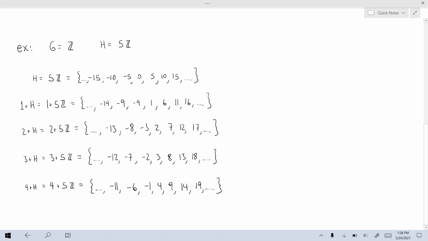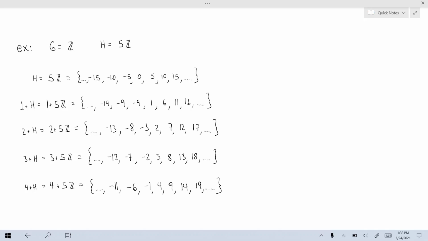So we have negative 1, negative 2, negative 3, negative 4, negative 5, negative 6, negative 7, negative 8, negative 9, negative 10, and so forth. So we have all of the integers covered, and once we see that we have all of the elements of our group in at least one of the cosets, that's when we know that we have found all of the cosets, okay?